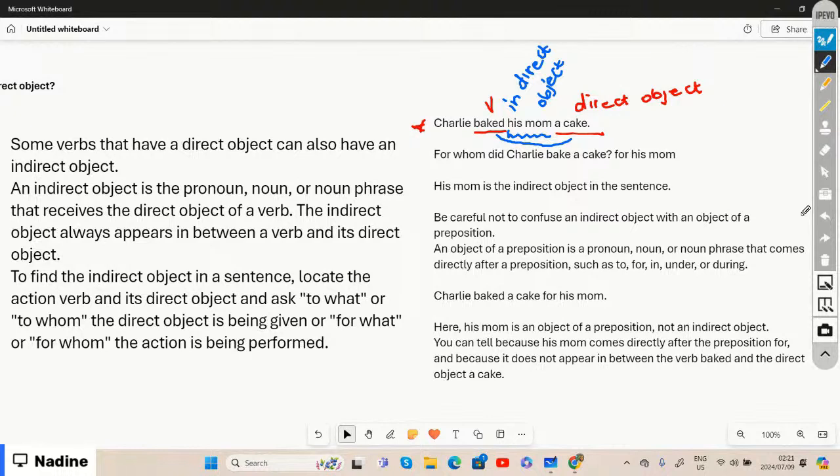You need to be careful not to confuse an indirect object with an object of a preposition. An object of a preposition is a pronoun, a noun, or noun phrase that comes directly after a preposition, which is words such as to, for, in, under, or during.